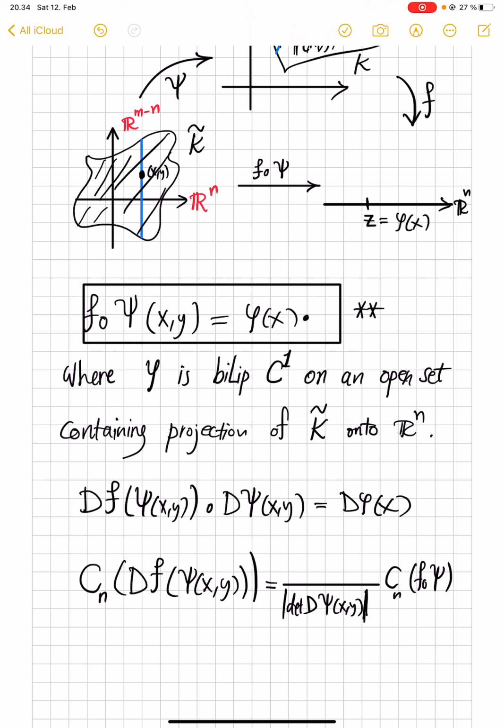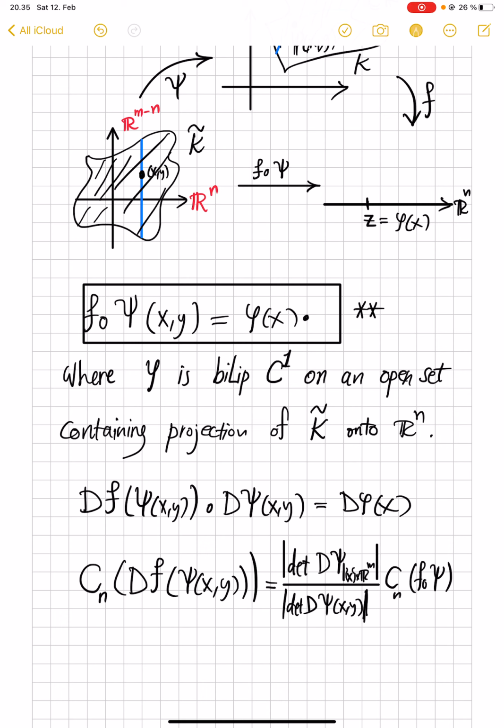But then there is this important part that comes in. This will be the determinant of psi restricted to just the vertical fiber. That will be the blue vertical line in my new domain. Now that's a function defined on a subset in R^(m minus n). So it's C1, it has a derivative, and its determinant is computable.